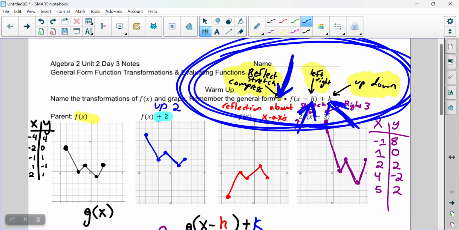If you haven't memorized that, you got some studying to do this weekend because you're going to be totally boned for the quiz. You have to know what makes it reflect, what makes it stretch, what makes it compress, what makes it go left and right, and why is the left and right weird? Because of that negative, it's weird. And then what makes it go up and down.